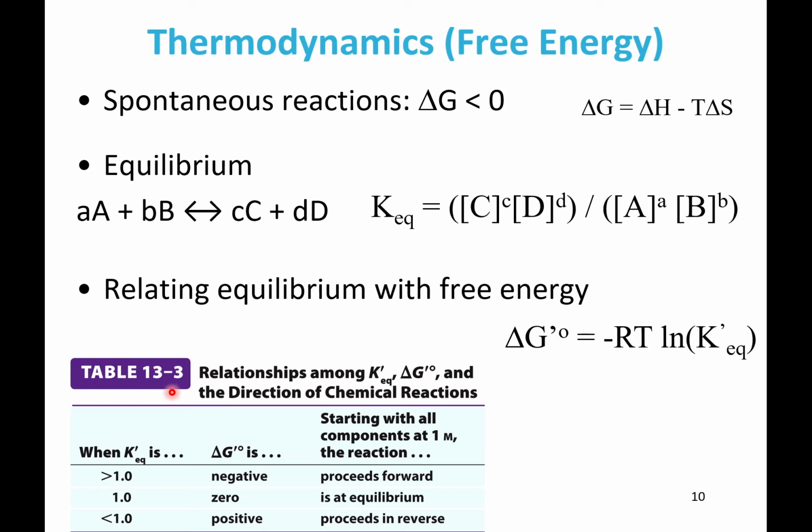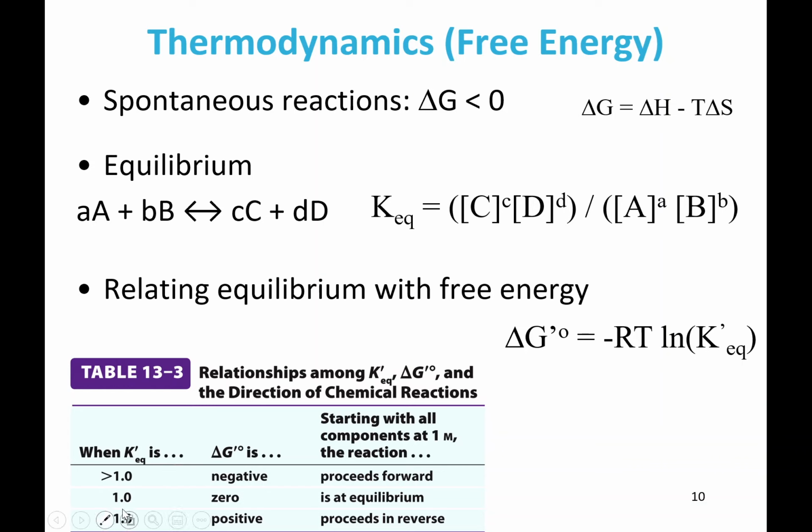Table 13.3 from the book relates this. The equation tells you that the equilibrium constant and delta G are related. When KEQ is greater than 1, delta G is negative, and therefore the reaction is spontaneous in the forward direction.